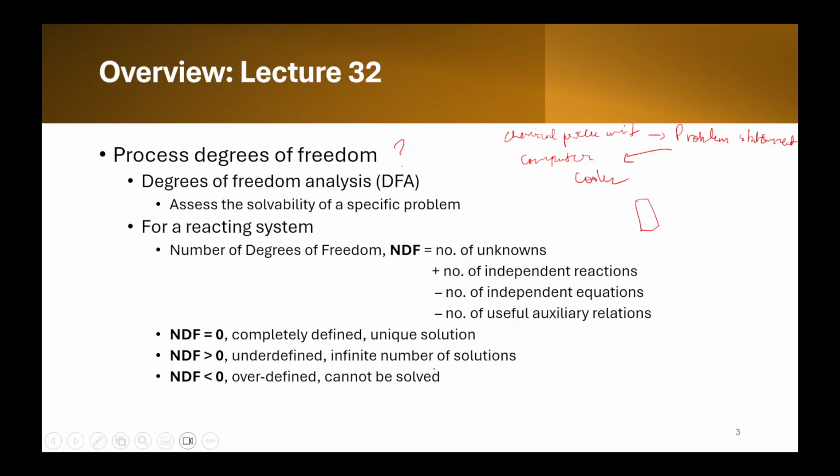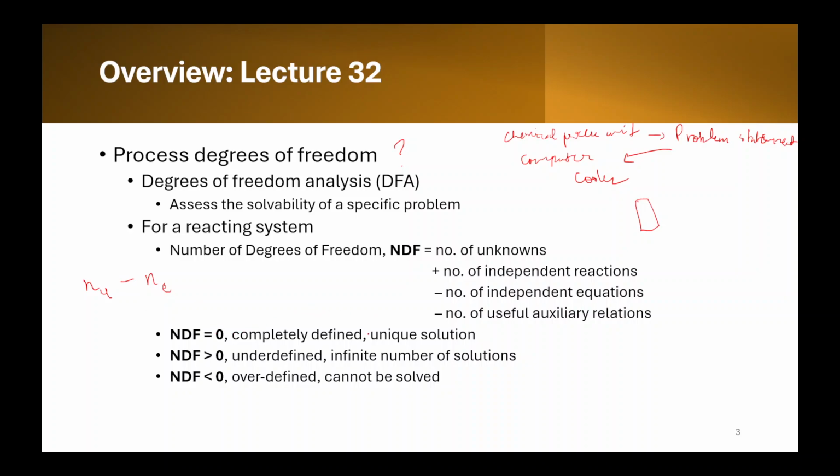In a broad sense, you can think of NDF like this: number of unknowns minus number of equations. If the number of unknowns and the number of equations are equal to each other, NDF will be 0.